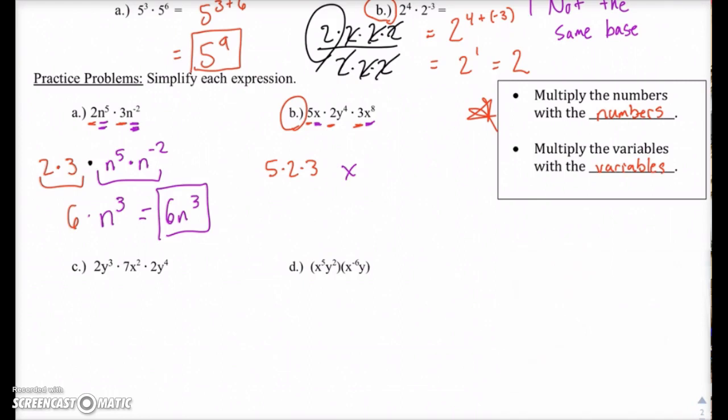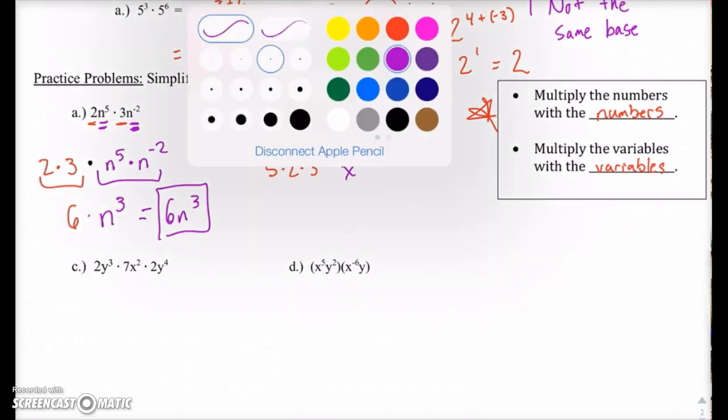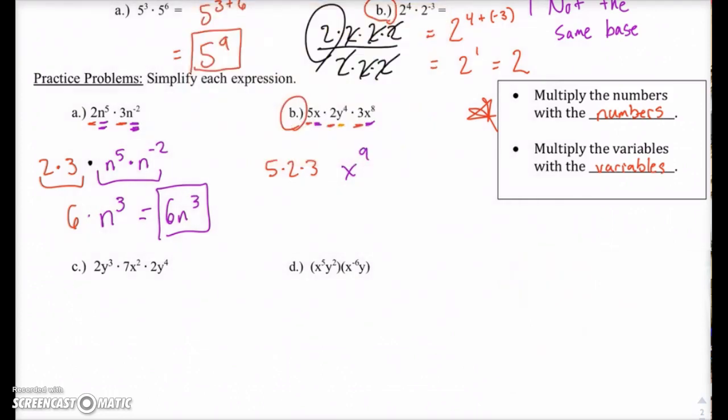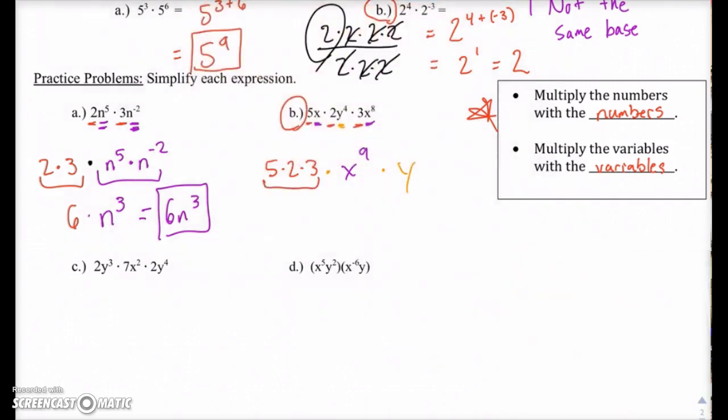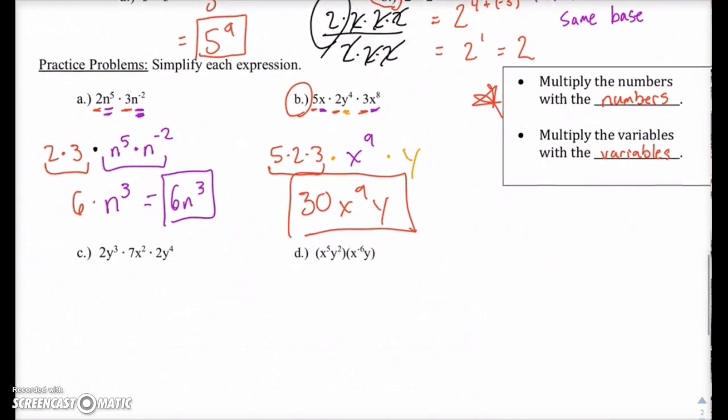So x to the power 9. And then that y is just all by itself. So really, this is going to be times y. So our final answer will be 5 times 2 is 10 times 3, which is 30, x to the power 9 times y. Boom.